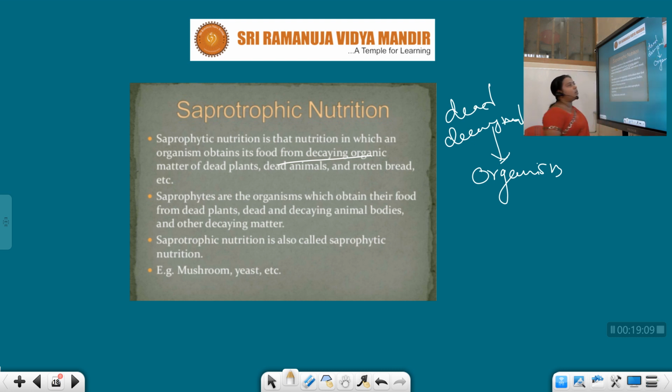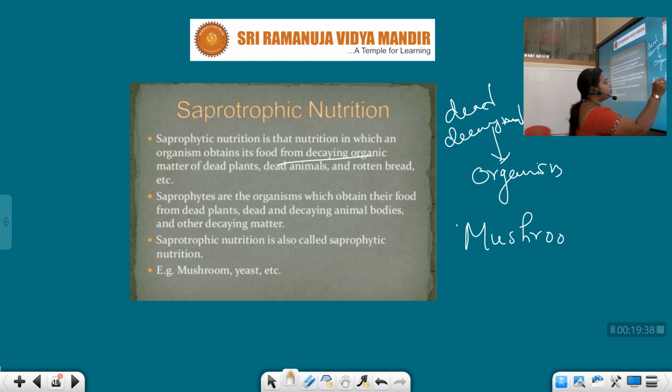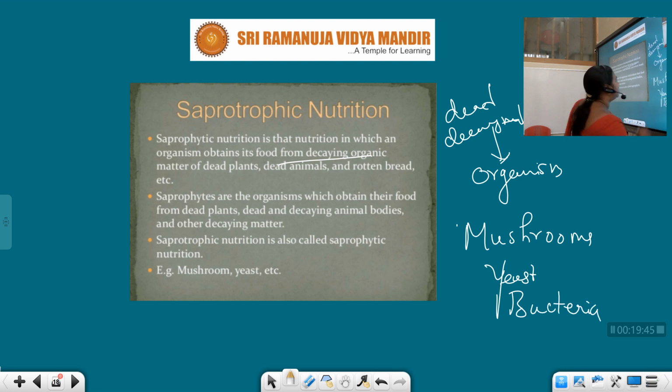So maximum all the dead plants, dead animals or rotten animals, the rotten bread, it is going to consume as food. Saprophytes are the organisms which obtain their food from dead plants, dead animals and other decaying organic matter. This is called saprophytic nutrition, and the best examples, students, are mushrooms, yeast and some bacteria, which follow saprophytic nutrition.